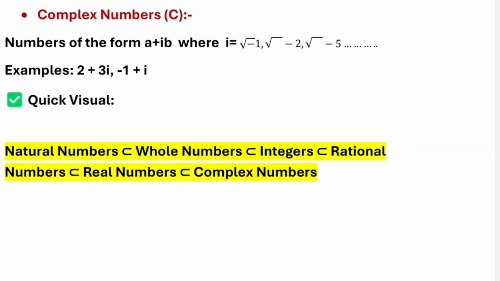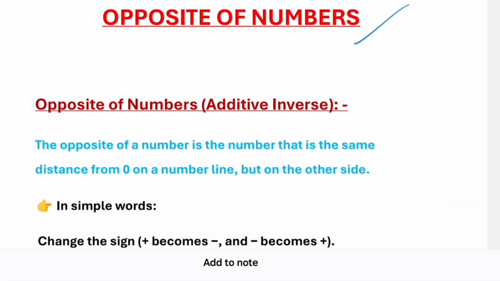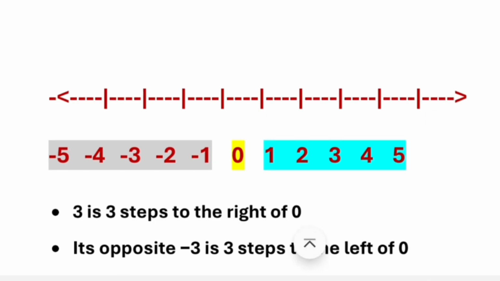We are going to our next topic, opposite of numbers. The opposite of a number is the number that is the same distance from 0 on a number line but on the other side. We are trying to understand the number line.